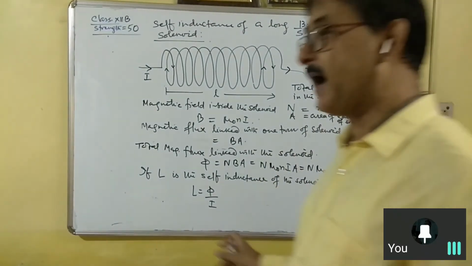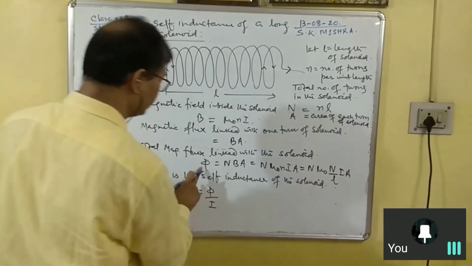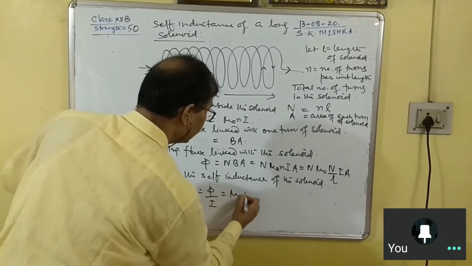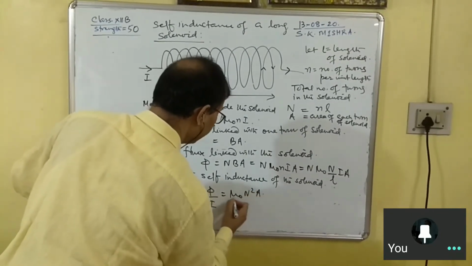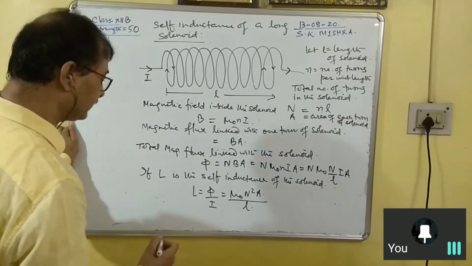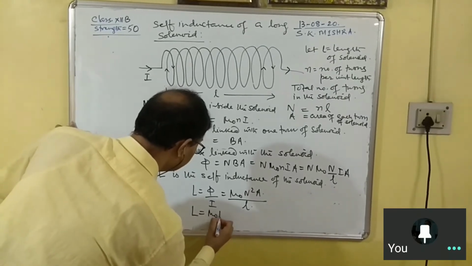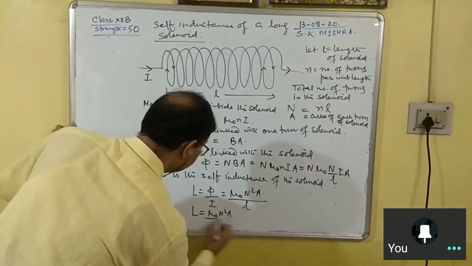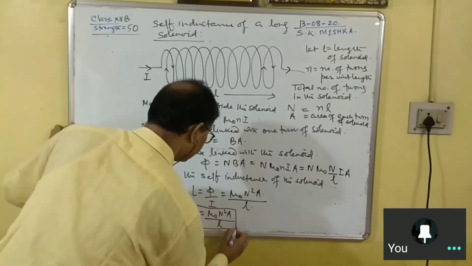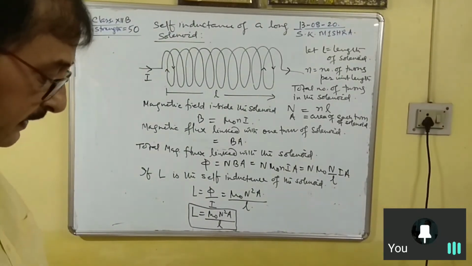If you take the ratio phi divided by I, you are getting mu naught N square A divided by L. So the final expression is L equals mu naught N square A divided by L, the length of the solenoid.